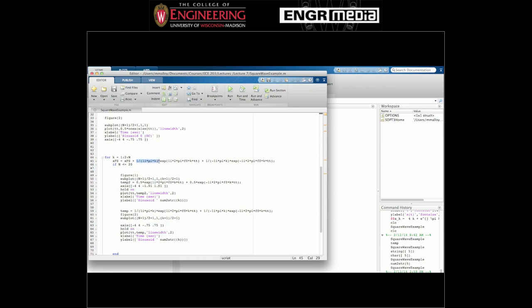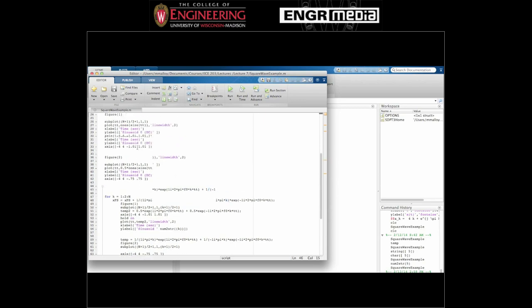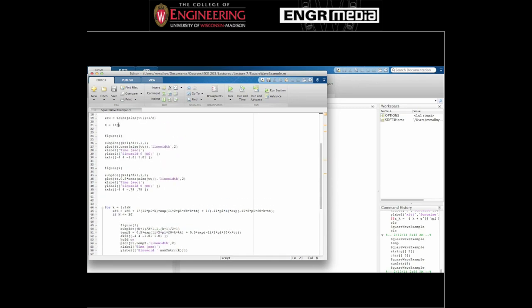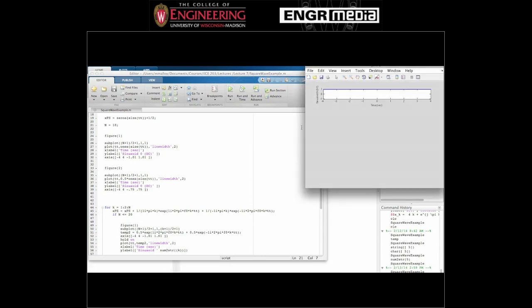So that's right here. And then here's the actual complex exponential part, and then also since I'm only summing over positive k, I also add a negative k, which is written right here. Okay, so that's the code, and here I can set the number of Fourier series coefficients I include in the sum. So let me run that really quickly. And you're going to see a couple plots pop up, but we'll talk through each one of these.